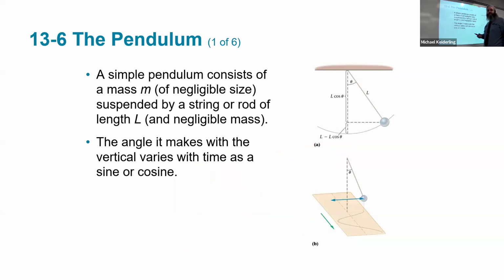So a simple pendulum is a mass m, of negligible size, suspended by a string or a rod of length L and negligible mass. So you have some small mass on some string of length L that has negligible mass, like this.